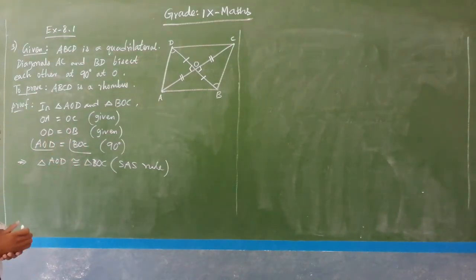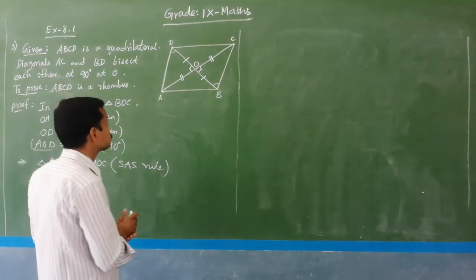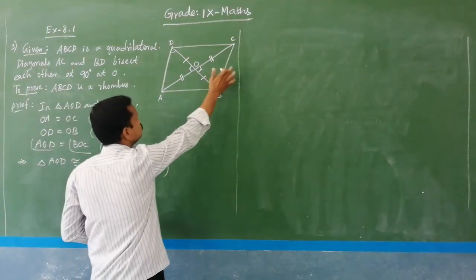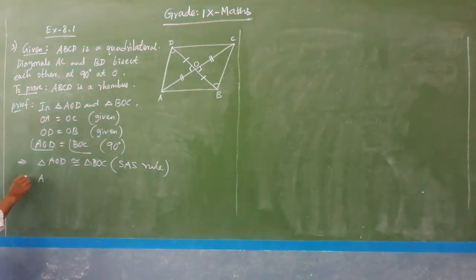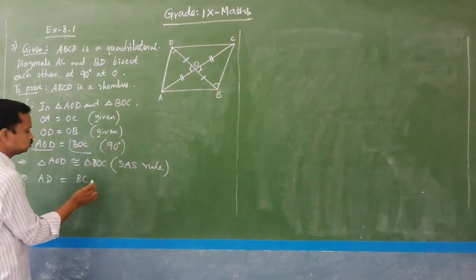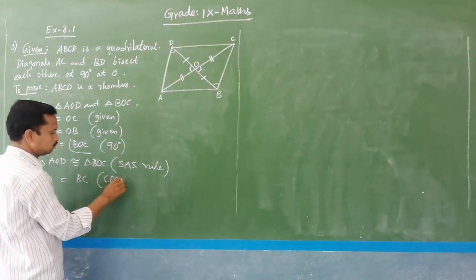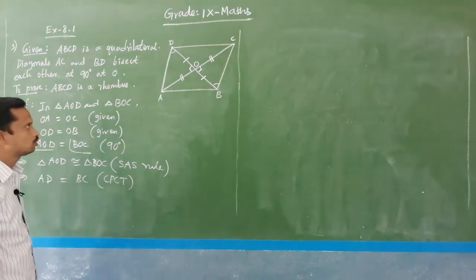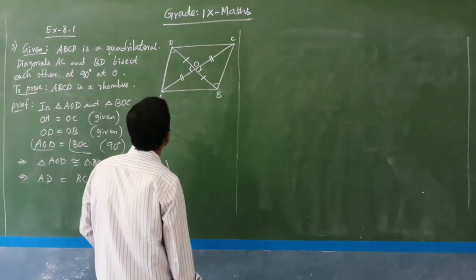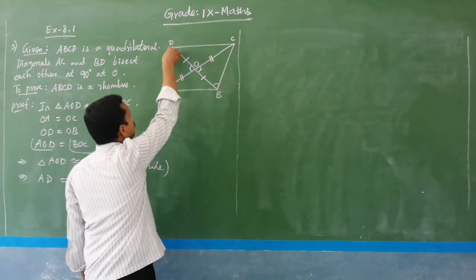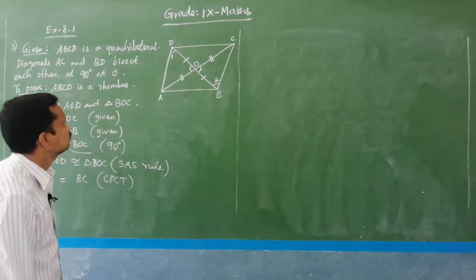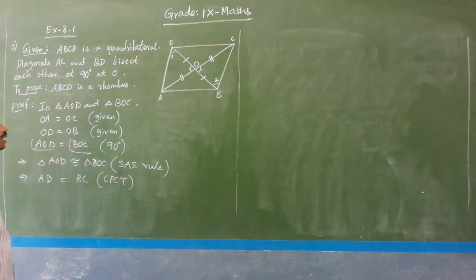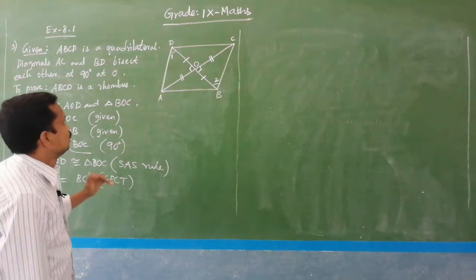After saying congruent, we can easily say these two sides. From AOD we can have AD equal to BC, the two sides are equal because of CPCT, corresponding parts of congruent triangles. And also we can say this angle 1, I am marking, and angle 2 for your reference, the two angles are equal by CPCT.